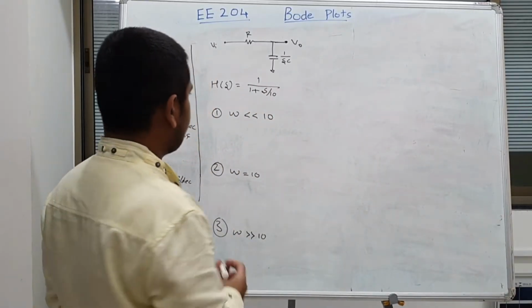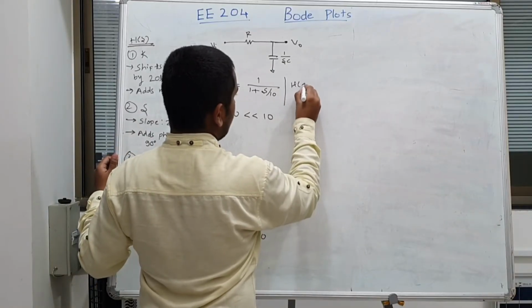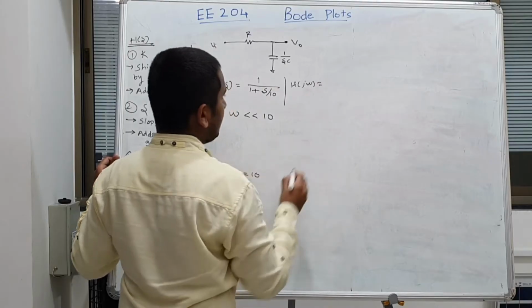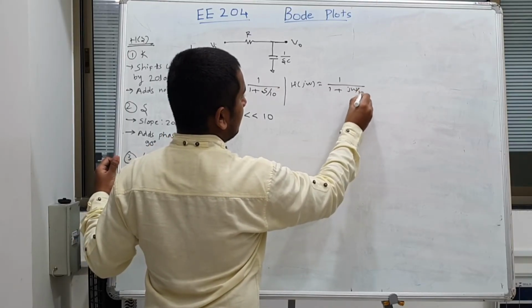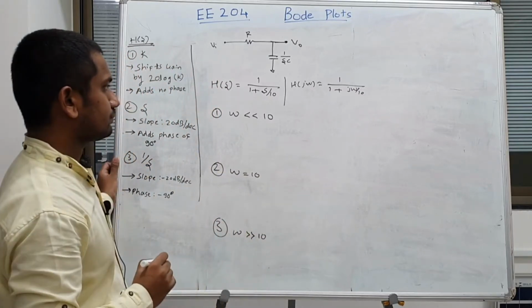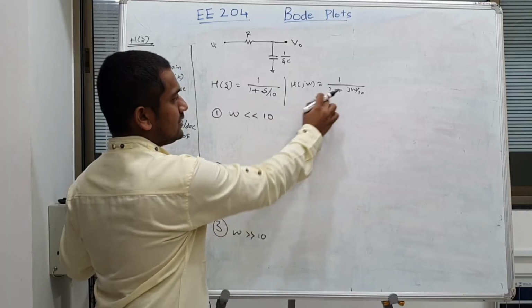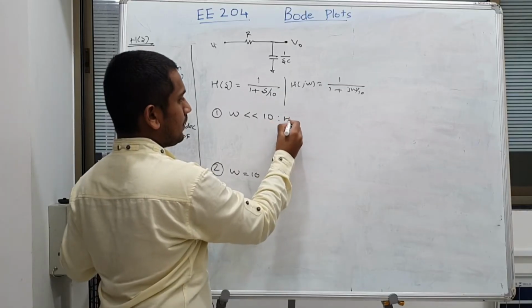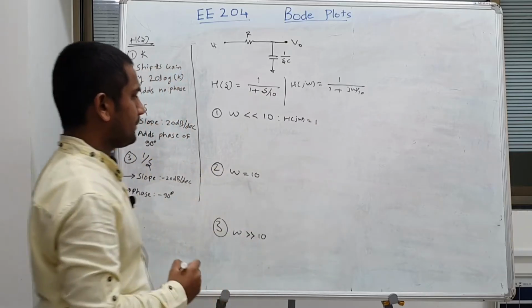In this case, H(jω) will look like 1/(1 + jω/10). When ω is much smaller than 10, this approximates to H(jω) = 1.